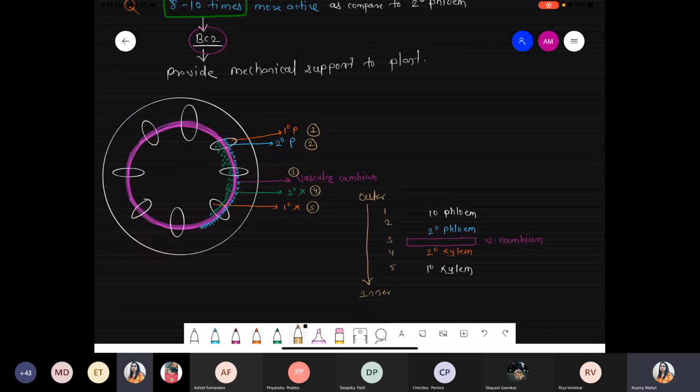Clear this part? Just try to understand the exact position: primary phloem first, exactly below it secondary phloem, then vascular cambium, then secondary xylem, and then primary xylem. Clear?